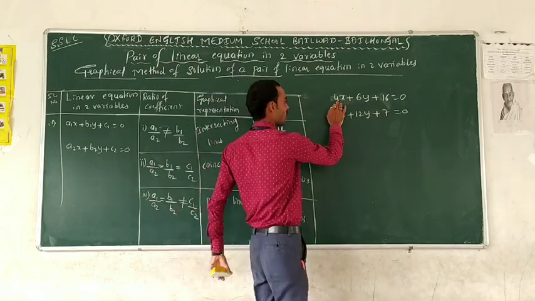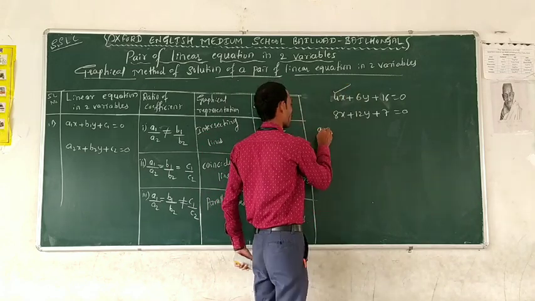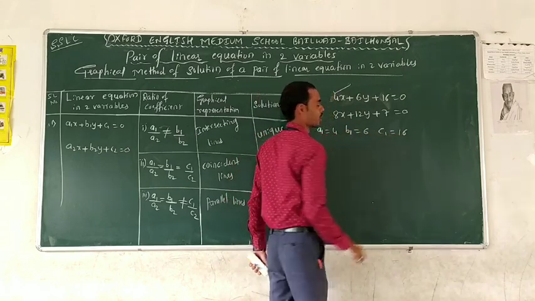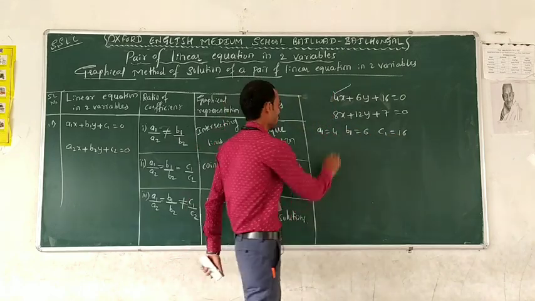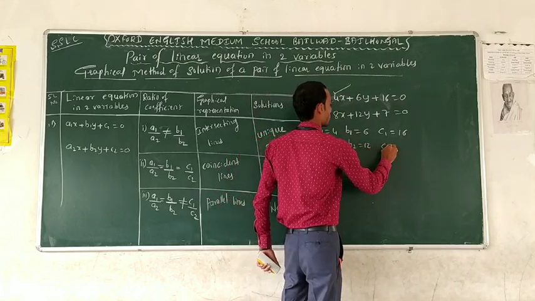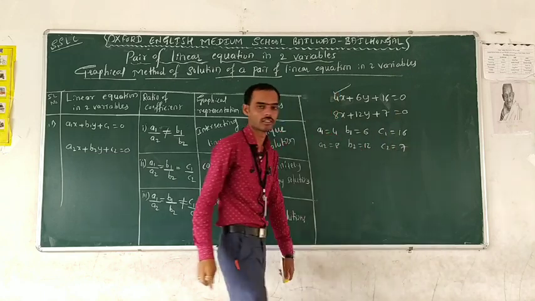So for the first equation a1 is equal to 4, b1 is equal to 6, c1 is equal to 16. Is it right? Here a2 is equal to 8, b2 is equal to 12, c2 is equal to 7. Okay.